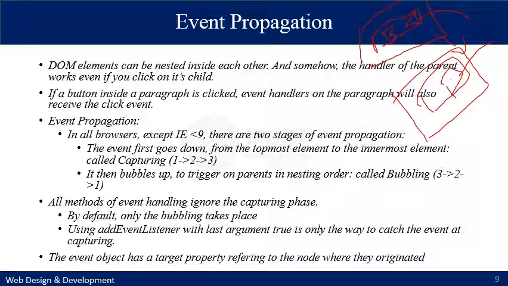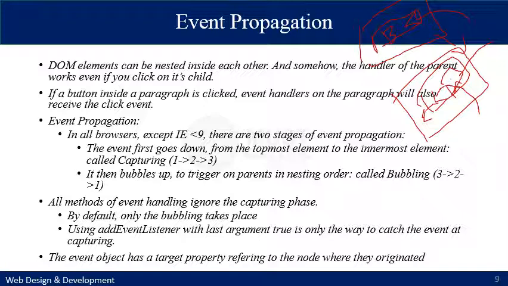After that it bubbles up to trigger the parent in the nesting order, so-called bubbling. So whenever you click on the element, it will bubble the events. For example, it will first call the event of the button, then it will call the event of the form if there is any, and then it will call the event of the div if you have specified any function for the div.